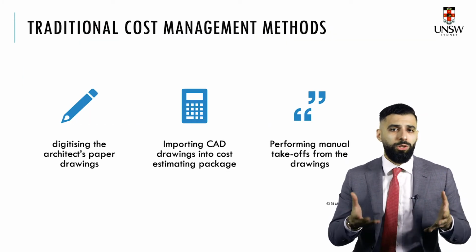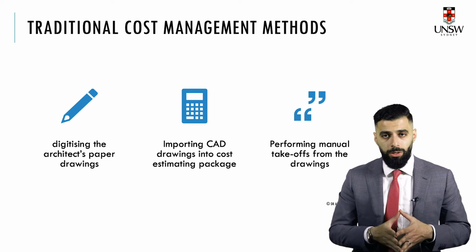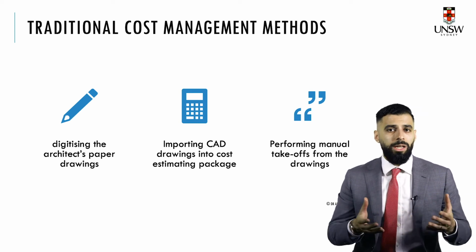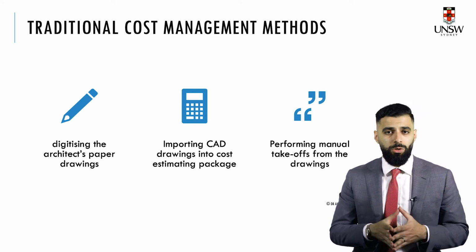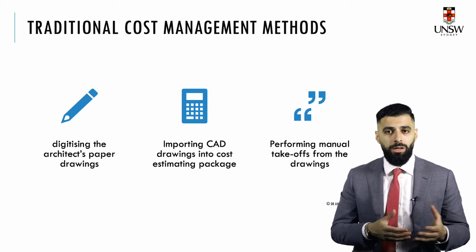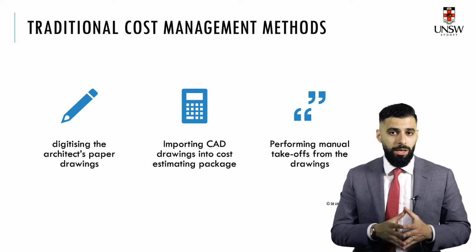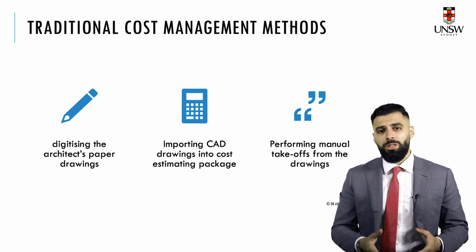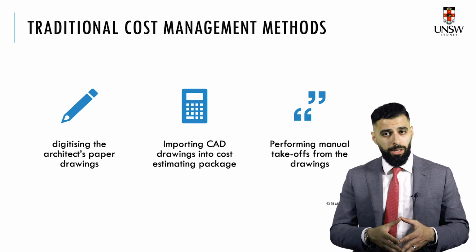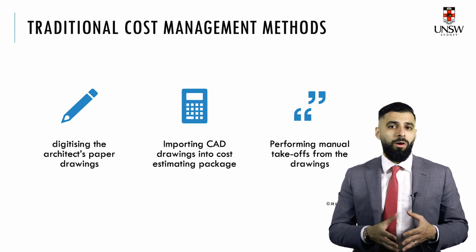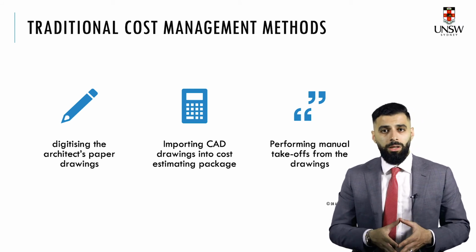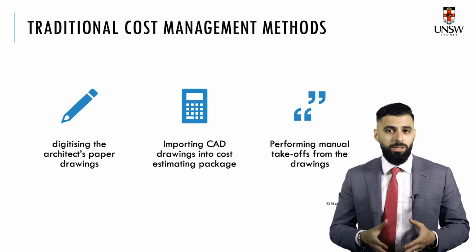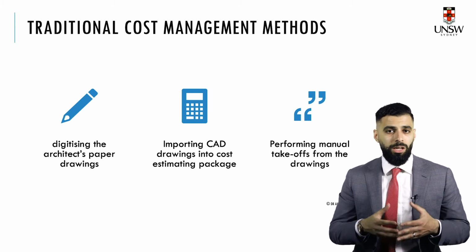What are some of the traditional cost management methods that are used in the construction industry? Nowadays, it is common for estimators to, for instance, digitize the architect's paper drawings, and this enables a quicker scaling and measuring process for deriving quantities from the plan drawings. Some people rely on indices that are published in databases to compare prices and establish cost plans.